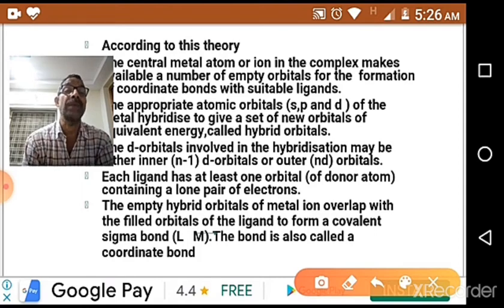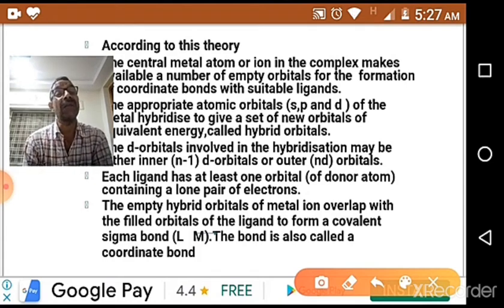The central atom has to accept this donated pair from the ligand, so it has to provide the required number of orbitals. As per this theory, the ligand to metal bond is a coordinate bond.